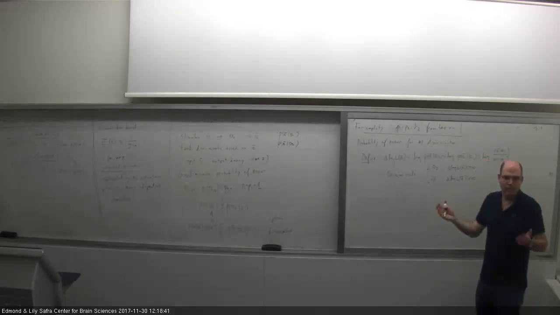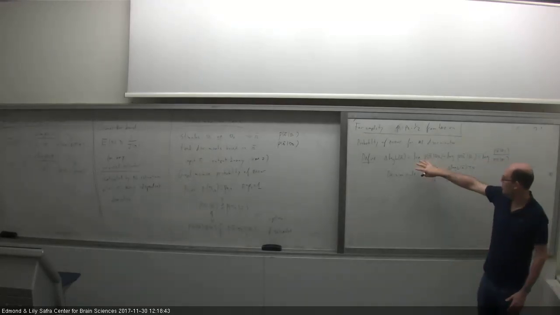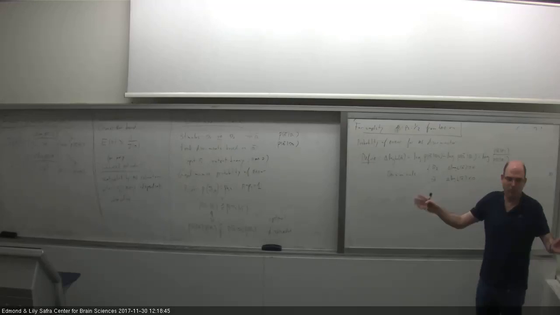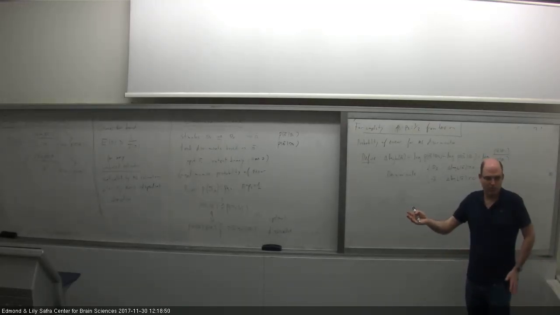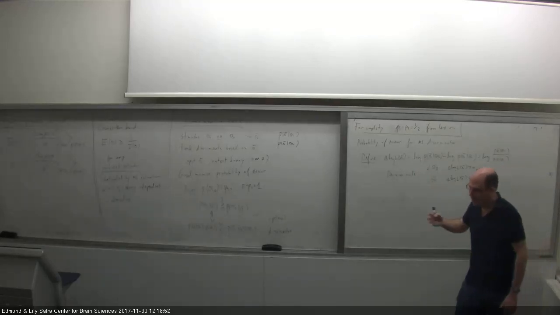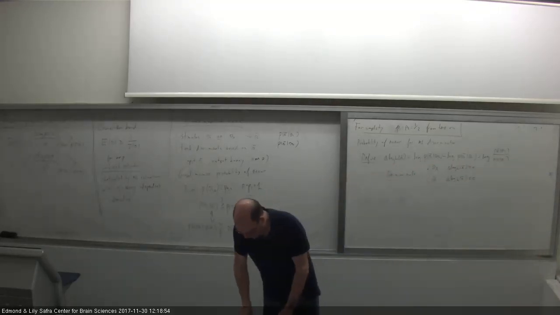So basically I have a function defined over all possible responses, and if it's positive we choose 2, if it's negative we choose 1. All right.